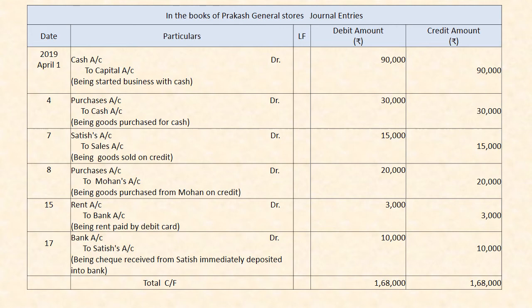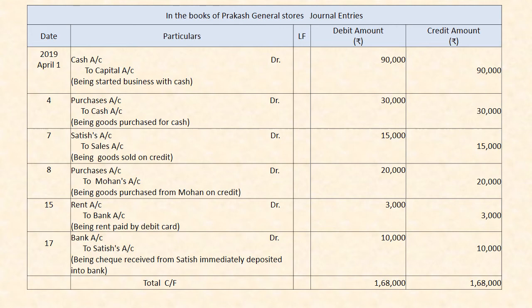Hence, write journal entry: Satish account debit 15,000 to sales account 15,000. Narration in bracket being sold goods to Satish on credit.